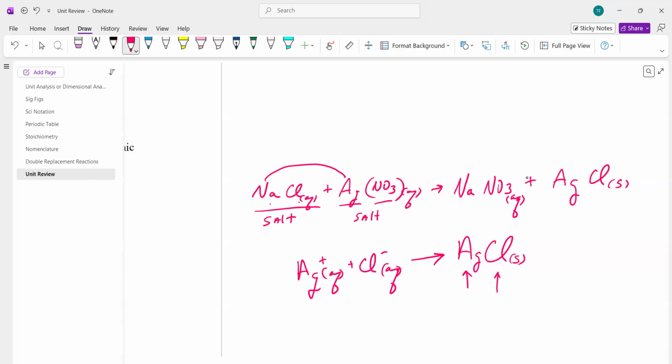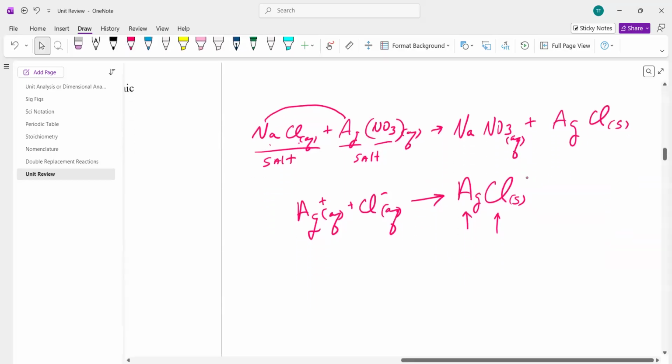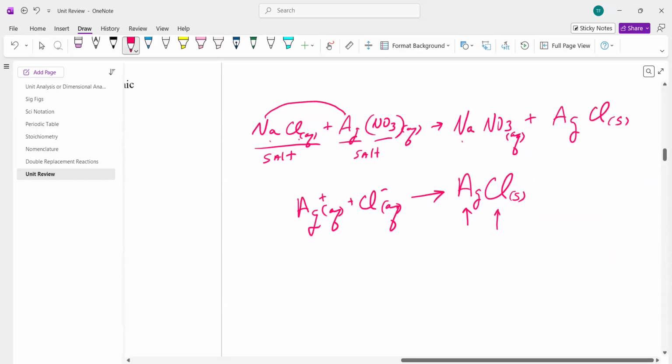Just net it out. Now, if nothing's made, in other words two white boxes, that means null set, nothing happened. That means you're going to have four spectator ions, not two, because everything's spectator, because of the aq. So we have sodium and nitrate.